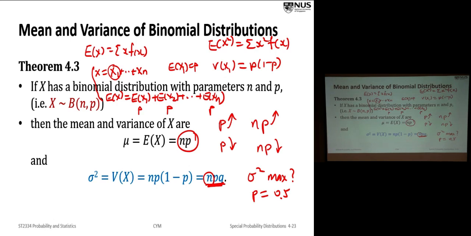So I want to illustrate, you can follow from the definition of the expectation of x. So it's the summation of x times f of x, while your f of x is n choose x times p to the power x times 1 minus p to the power n minus x. So that will need a bit more hard work.